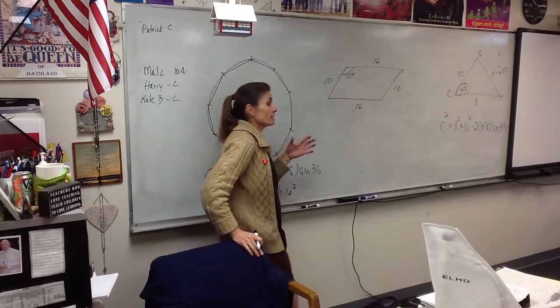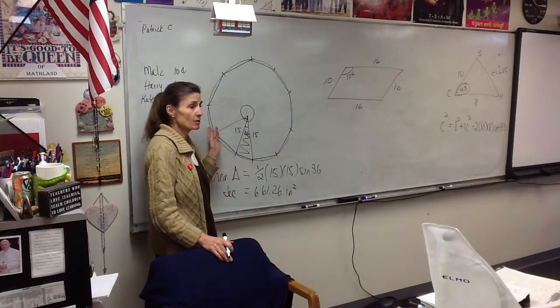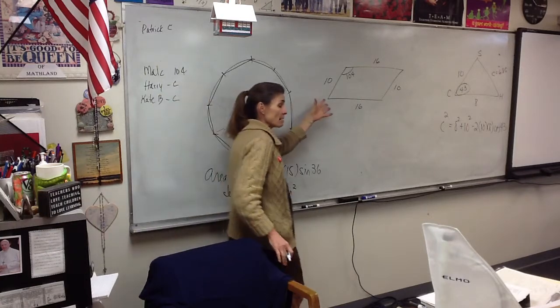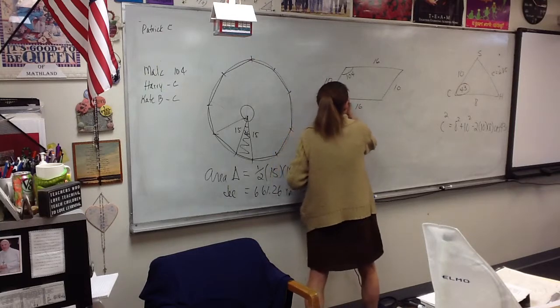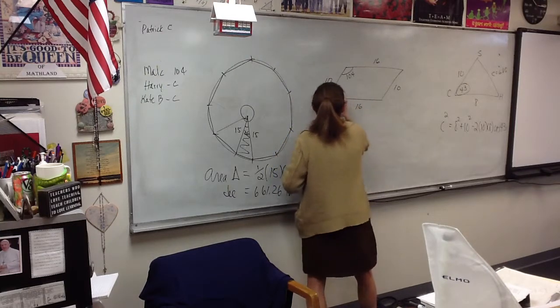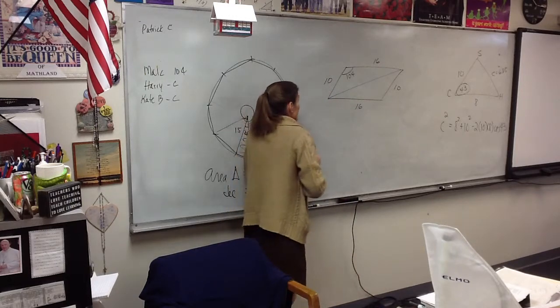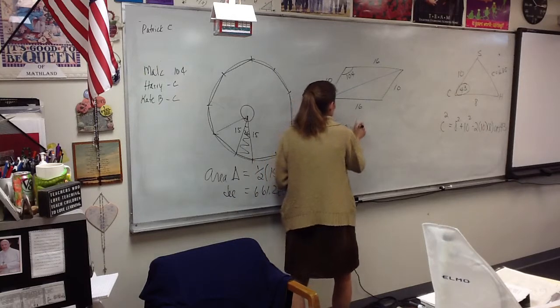Okay, now wait a minute. What was our strategy? We did not find the area of a decagon here. What did we break it into? Triangles. Can we break a parallelogram into triangles? By simply drawing in the diagonal, right? Now, can we find the area of the triangle?